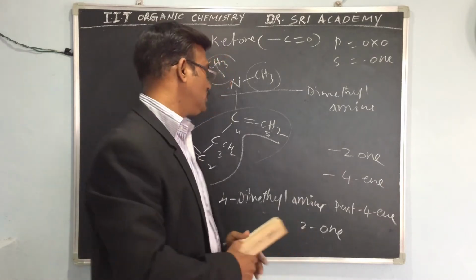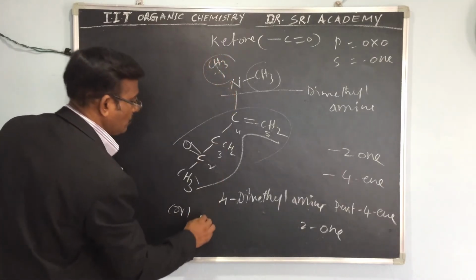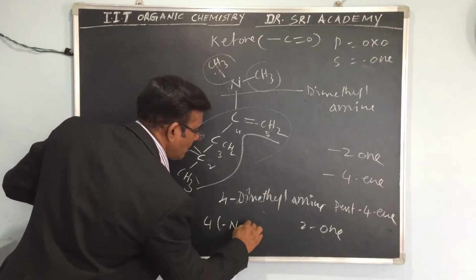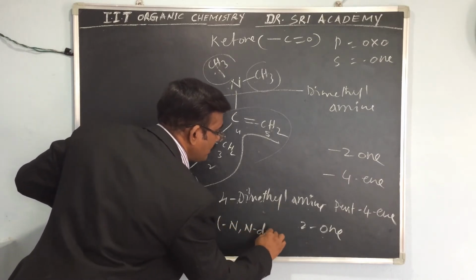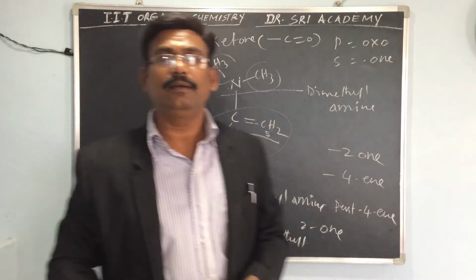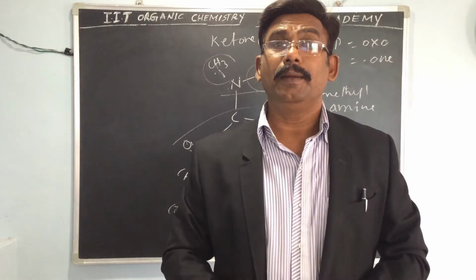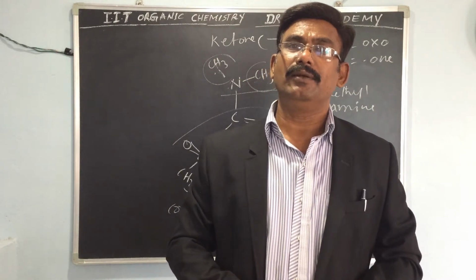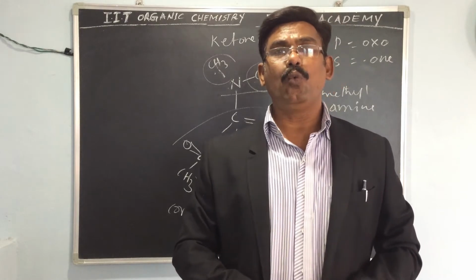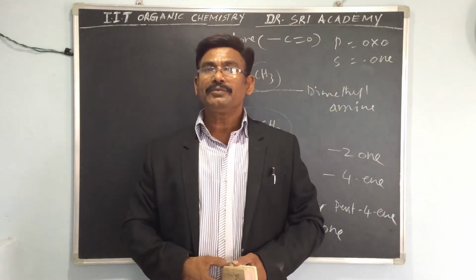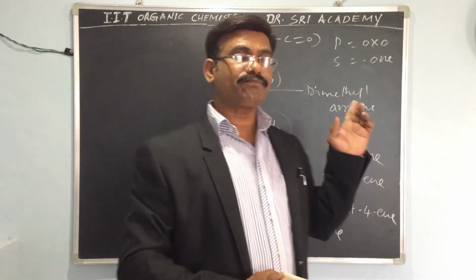We can write like this. So how can we write? 4-N-dimethylamine pent-4-en-2-one. We can write like that also.